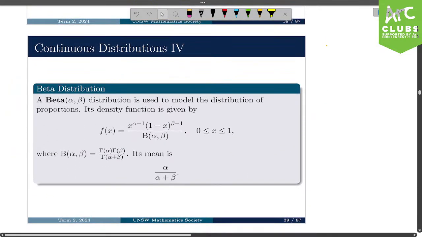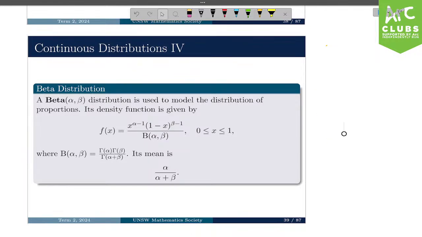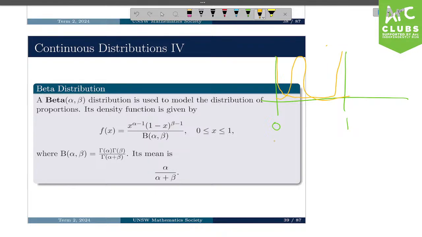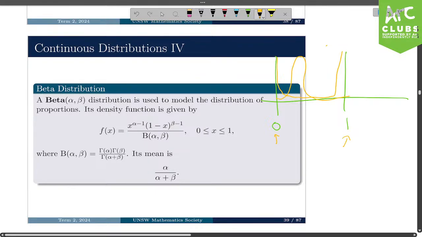The beta distribution is a distribution that models proportions. The thing about the beta distribution is that it is bounded between 0 and 1, and its shape could look like that, it could look like that, it's much more free, but it's always bounded between 0 and 1.